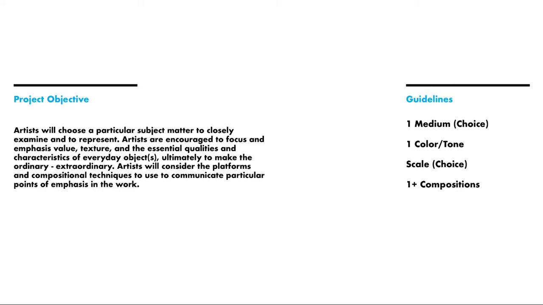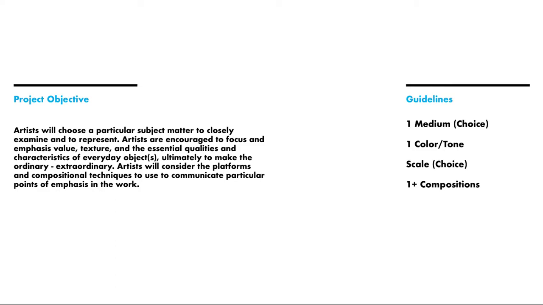And you're going to focus on the value, texture, and kind of like the essence or essential qualities and characteristics of a particular everyday object. You can think of your task as making the ordinary extraordinary.